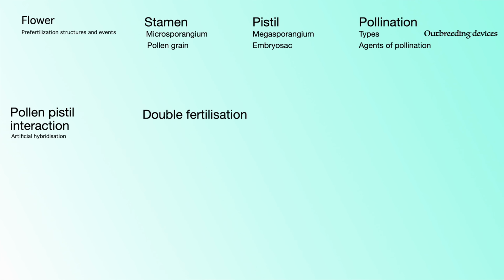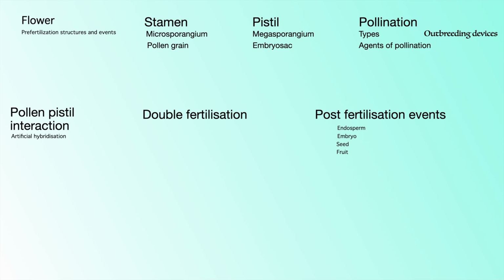The first fertilization is between one male gamete and the egg cell, which results in the formation of the zygote, which later develops into the embryo. The second fertilization is between the male gamete and two polar nuclei, which forms the primary endosperm cell, which further develops into endosperm later.